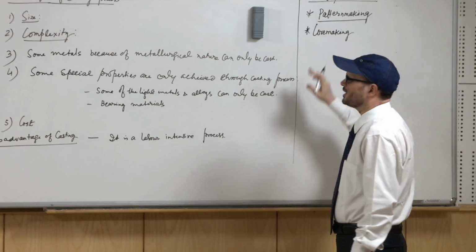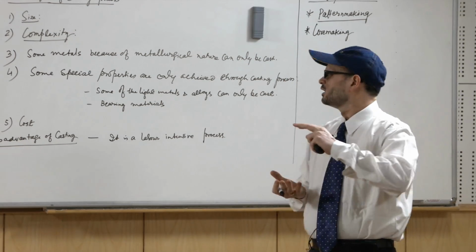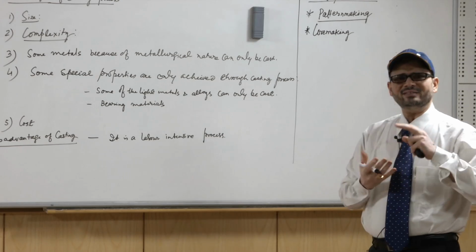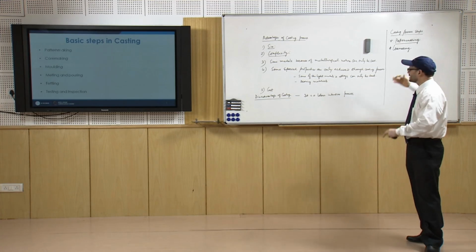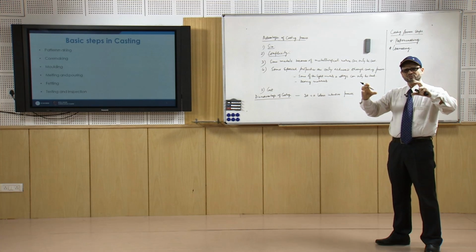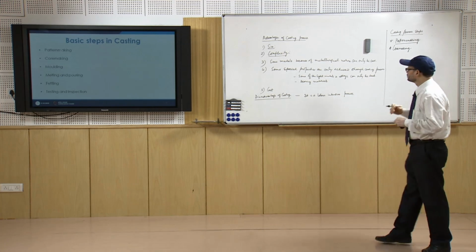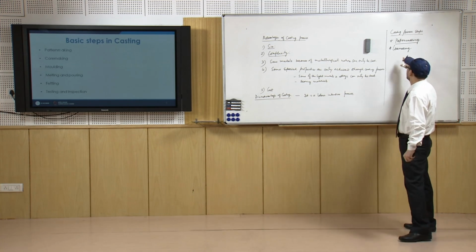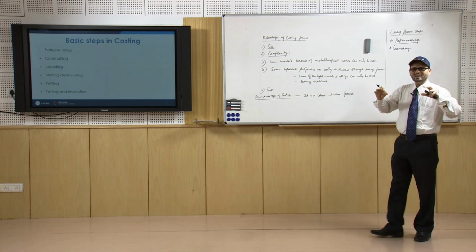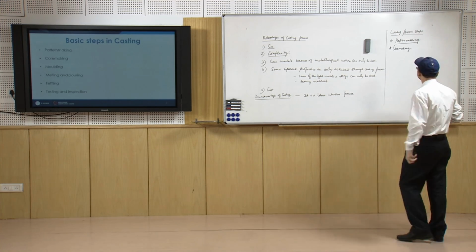For core making you need core boxes, and for that the pattern making unit is also in tandem, but the core making section is separate. It is responsible for making the cores and keeping them in proper shape and temperature, so that they can be used whenever you have the mold ready and you have to place the core in the cavity.